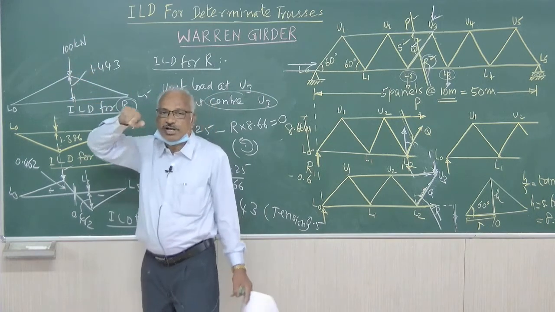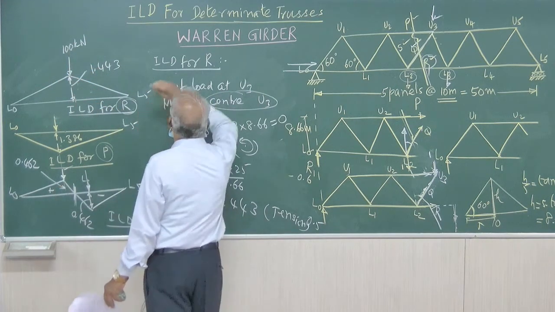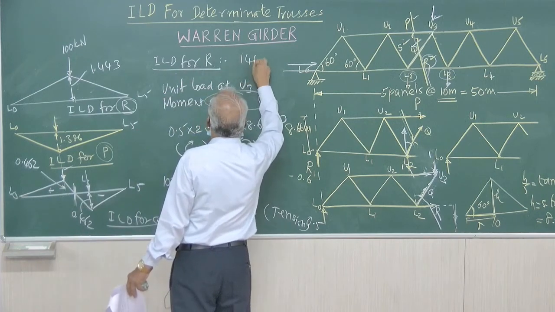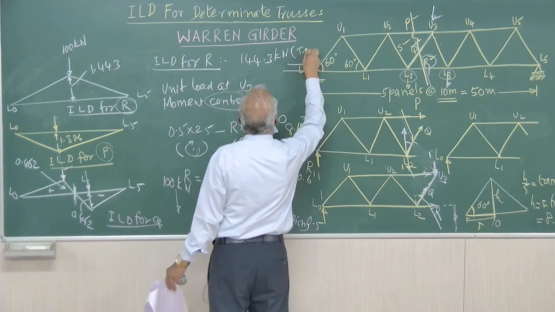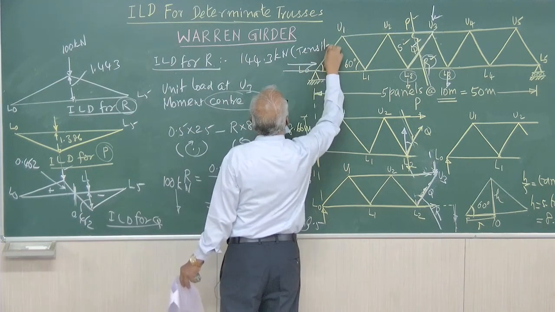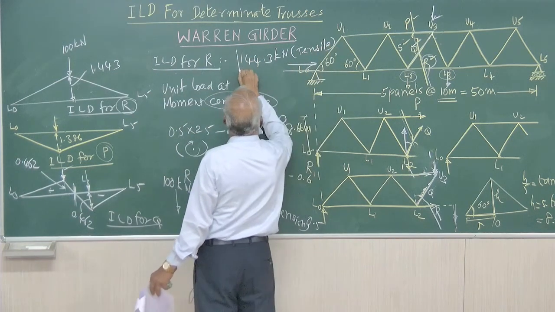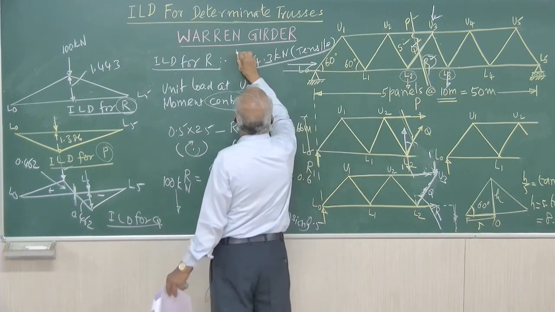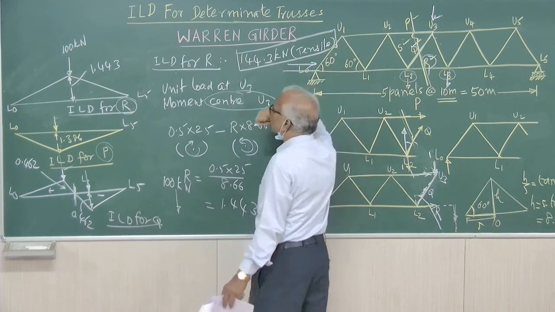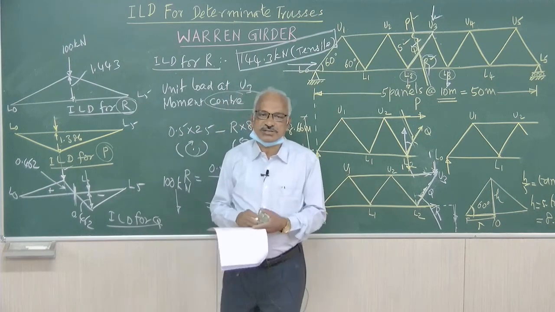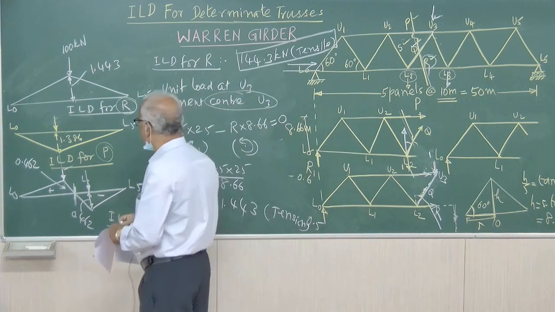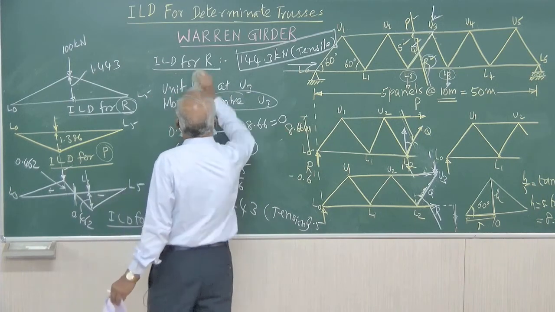So load into ordinate will be 144.3 kilonewton tensile. Therefore, the member R will have to be designed for a maximum tensile force of 144.3 kilonewton. Tension.